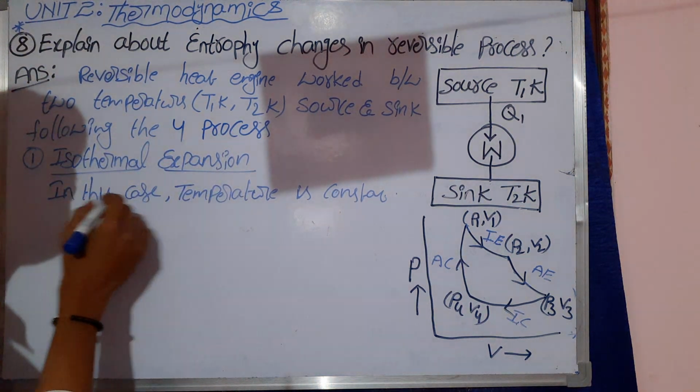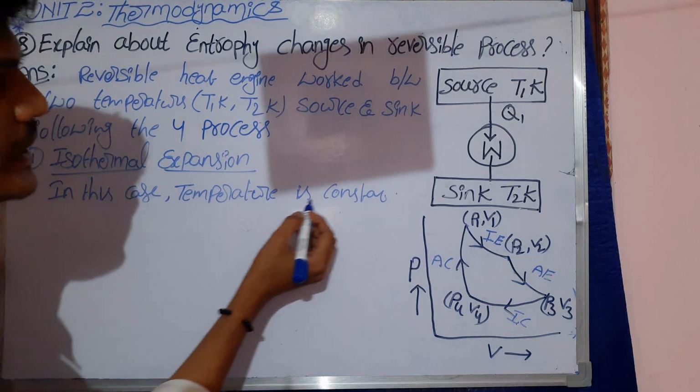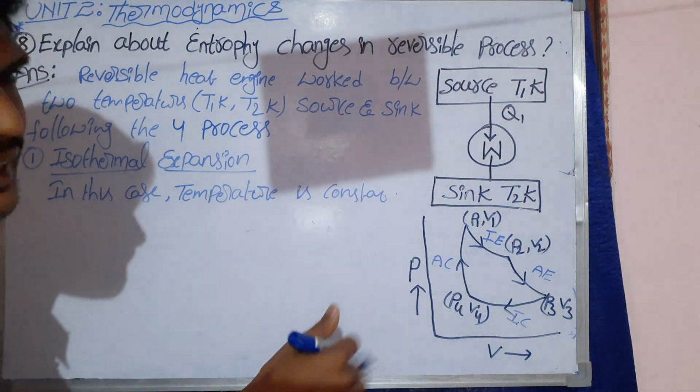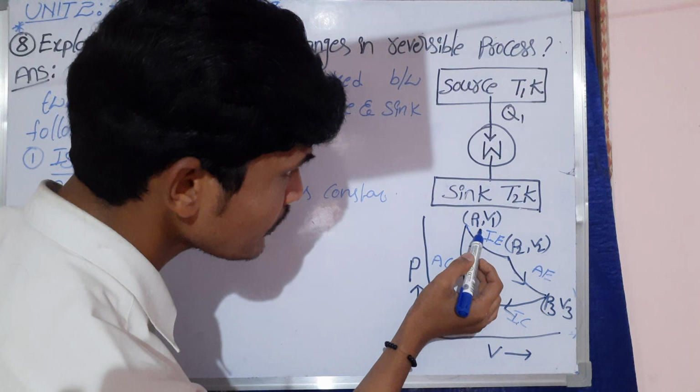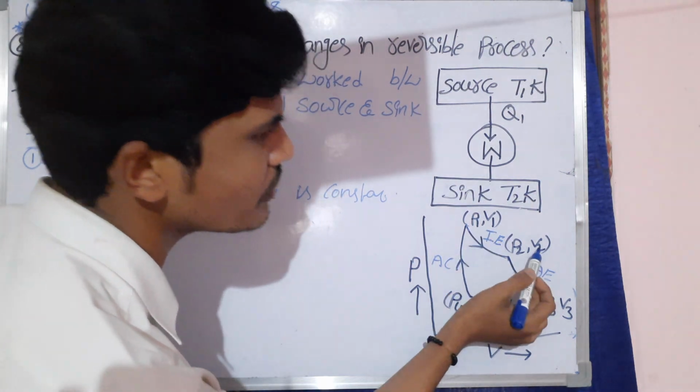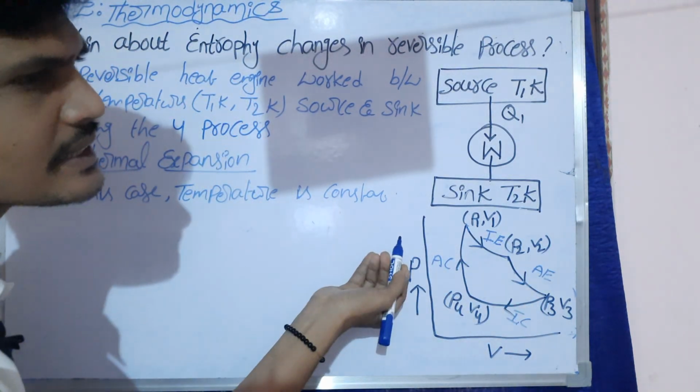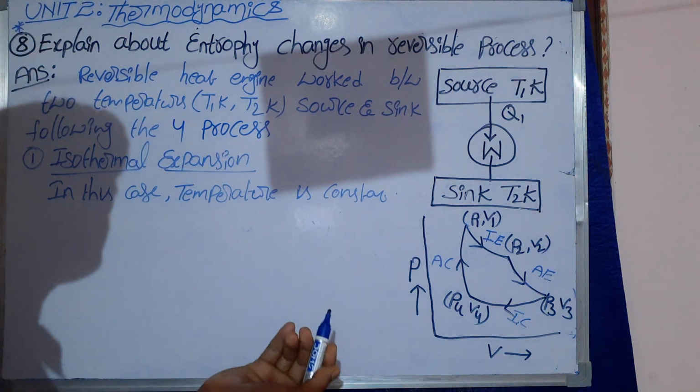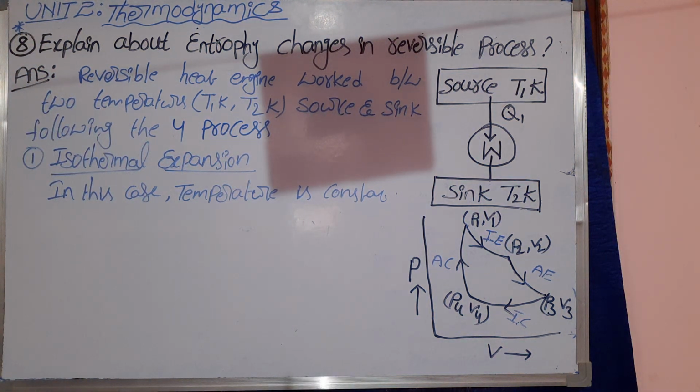Isothermal means temperature is constant. Remaining variables are changed. So P1 to P2, V1 to V2 changed. Temperature T1 is constant.